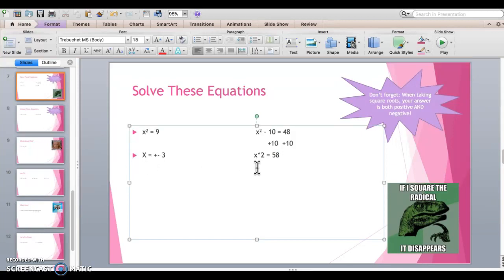We talked then about how when we had something like that, we had to simplify by seeing if there were any perfect squares that could go into that and clearing it that way. We did not have any that would work in this particular example, so we just called this the square root of 58.